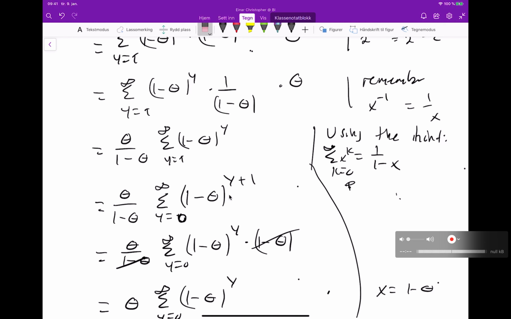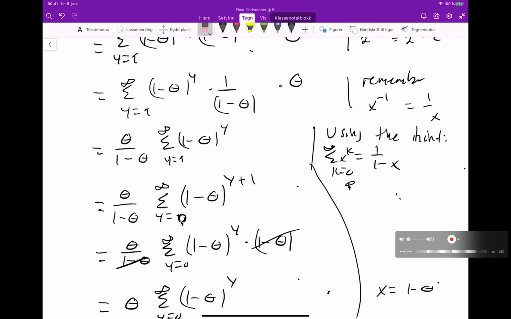And then I change the limit here from starting at 1 to starting at 0. And why do I do it? Because the hint is telling me that I start at 0.